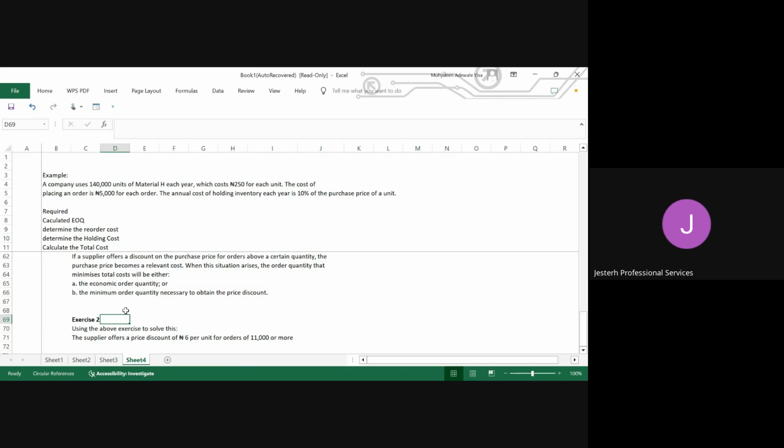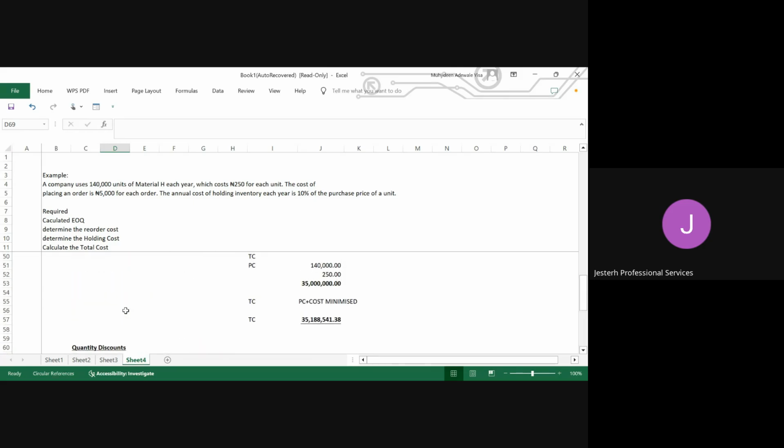The organization will then try to re-strategize that if we decided to purchase these materials based on our cost structure, how much are we going to spend?